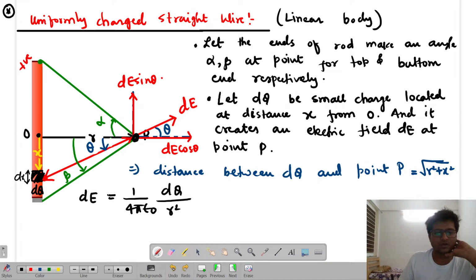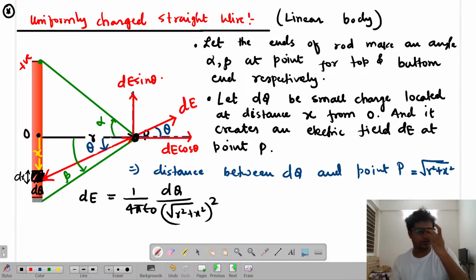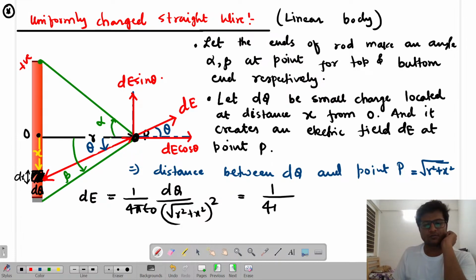Sorry, distance is root over r square plus x square. So root over r square plus x square का होल स्क्वायर, यही होगा ना इलेक्ट्रिक फील्ड dq की वजह से, है ना? तो ये इलेक्ट्रिक फील्ड की वैल्यू कितनी आई? 1/4 pi epsilon naught dq divided by r square plus x square.